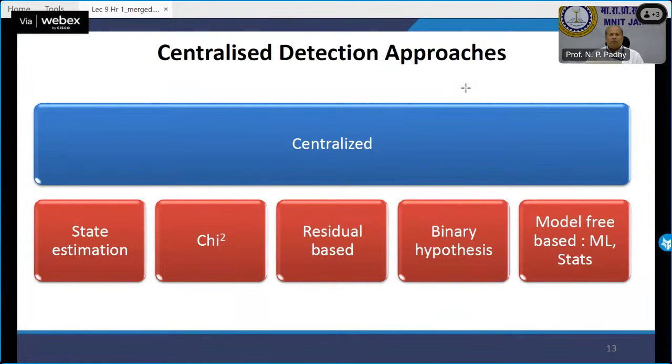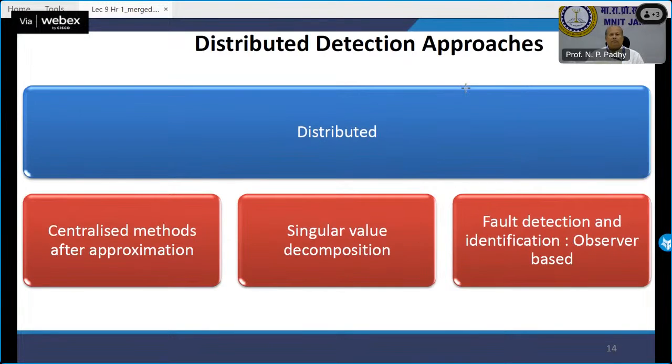Now, when I talk about centralized detection approach, there is the state estimation approach, chi-square method, residual based method, binary hypothesis, model free based ML or stats. Now, in case of distributed, we call it centralized methods after approximation, singular value decomposition method, fault detection and identification, observer based methods.